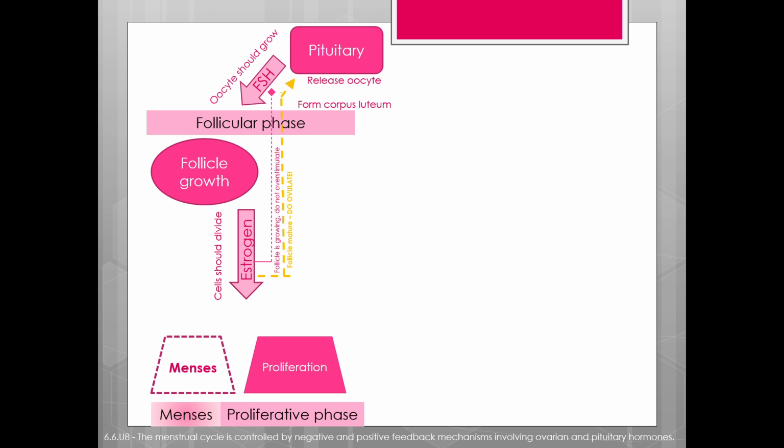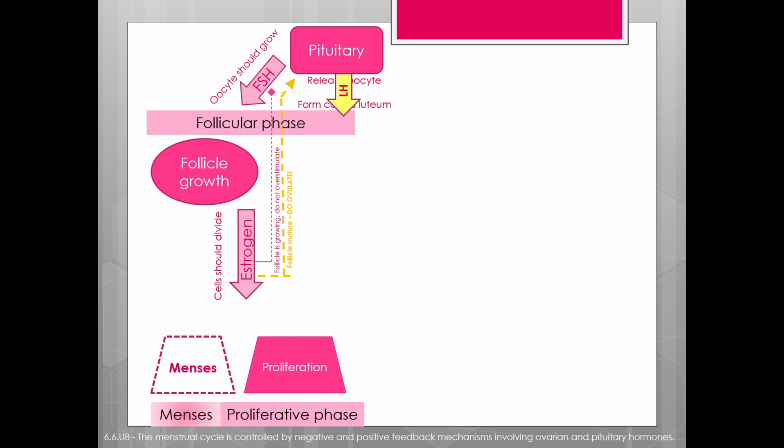The pituitary, at this moment, should take control of releasing the oocyte and formation of the corpus luteum. And it does it by sending a sudden burst of LH, accompanied by a burst of FSH as well, but LH is much more important.